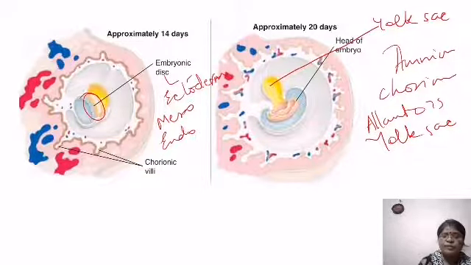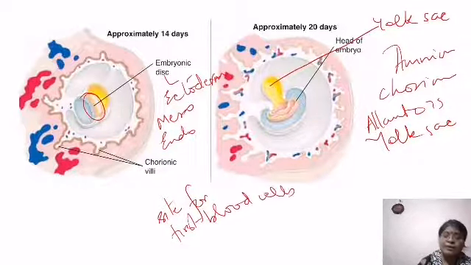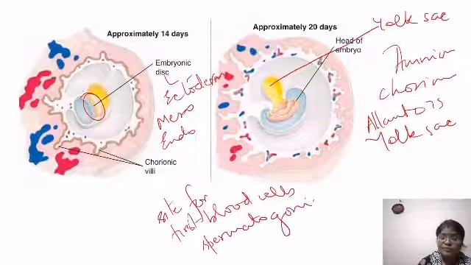It is the site where the first blood cells are formed, and the site where the spermatogonial cells and also the oogonial cells have come.